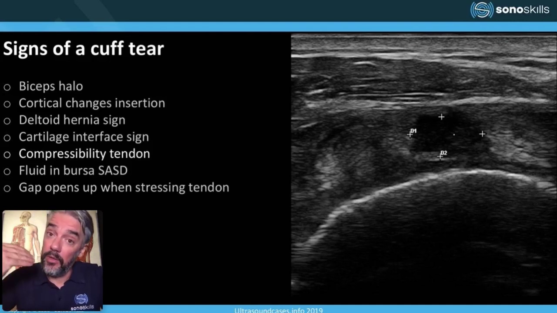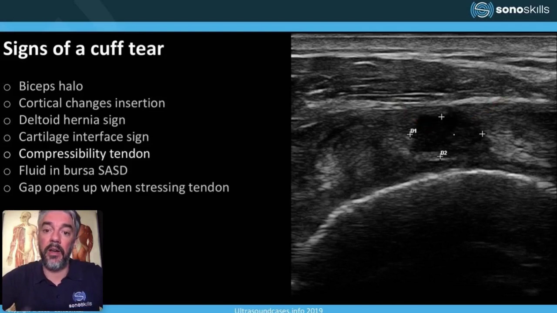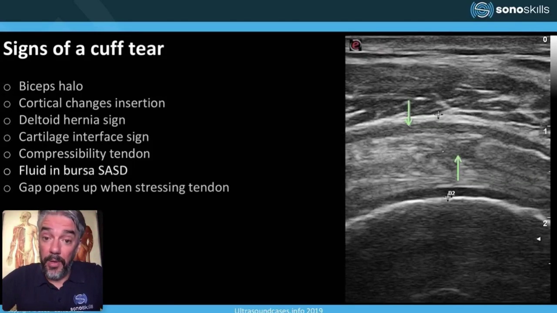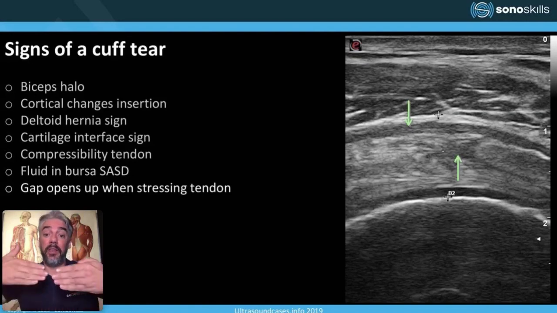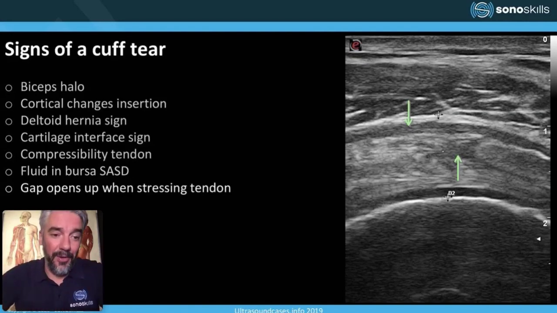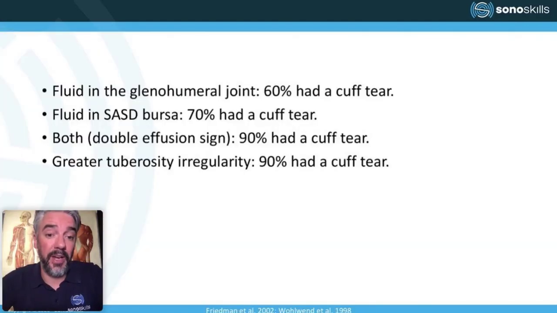But if the fluid goes away in time, then you will see a concavity there, a collapse of the tendon. Fluid in the bursa can be a prognostic factor, and also when stressing the tendon, opening up of the side of tearing is really typical for cuff tearing.